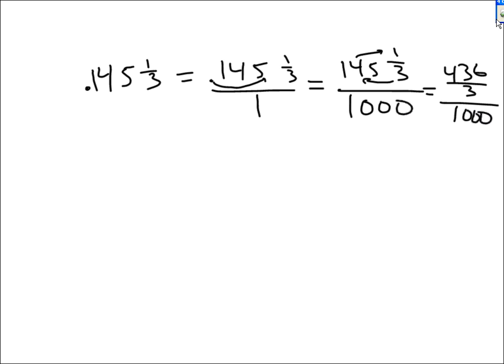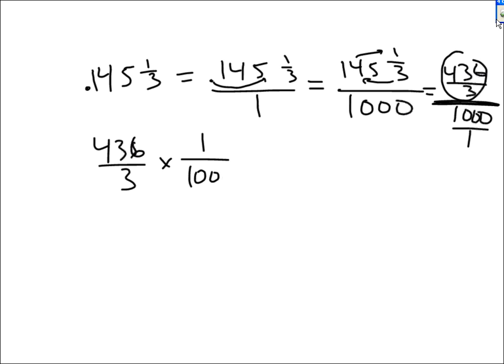So, you keep the top number the same. Division, you change to multiplication. And you're dividing by 1,000 over 1, so you multiply by the reciprocal. And these are both even numbers. 2 goes into the top number 218 times, and the bottom number 500 times.